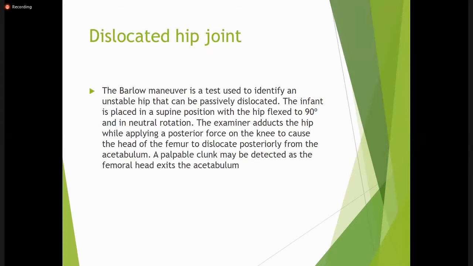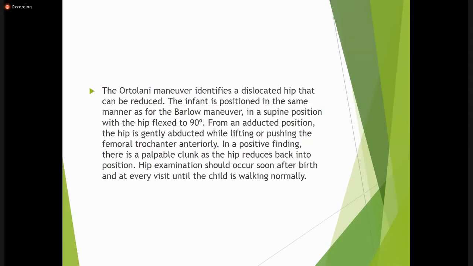So you have to do these two maneuvers in every newborn baby to identify dysplasia of the hip joint, because it should be treated as early as possible to prevent any complication in the future. So we have two maneuvers, Barlow's maneuver and the Ortolani maneuver. Okay. Barlow's and the Ortolani.